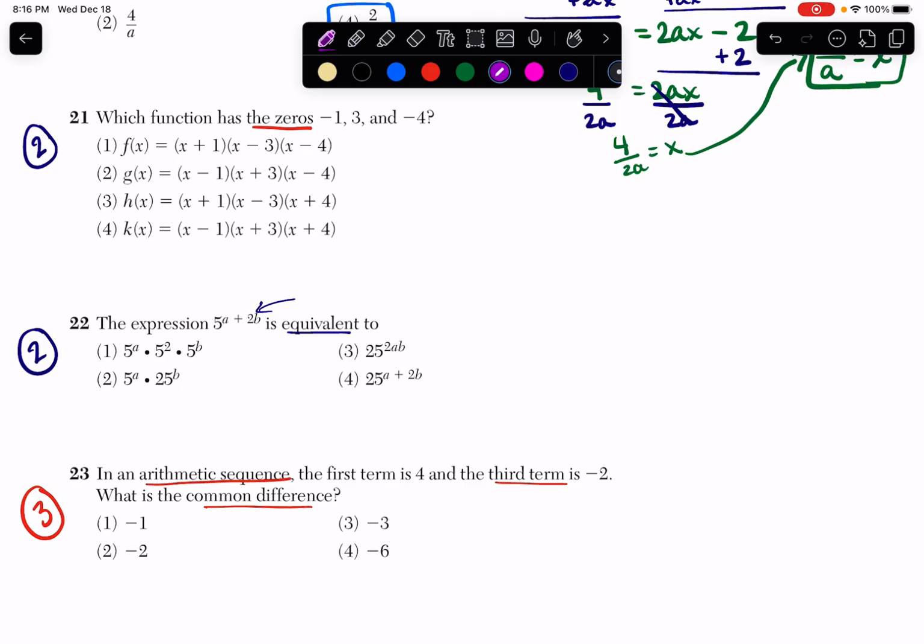So now if you're unpausing, the correct answer is h of x, and I'll tell you why. If you look at the table for h of x, let's say we're looking at this part of the table.